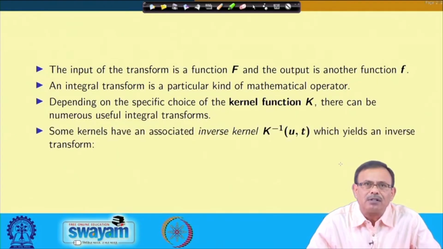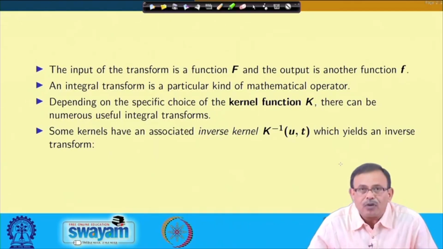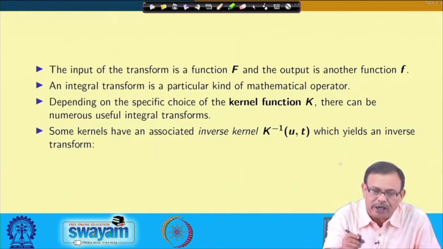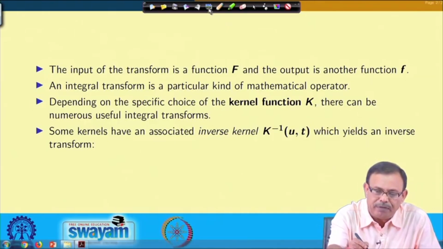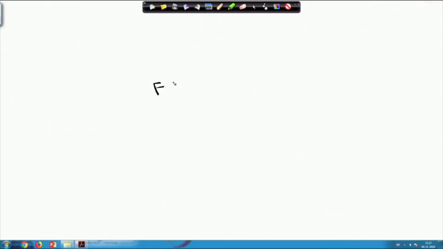Some kernels have an associated inverse, which we call K inverse (s,t), and it is defined as f(t) equals the integral from u1 to u2 of K inverse (s,t) F(s) ds.